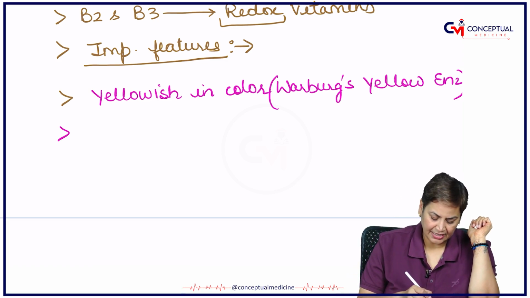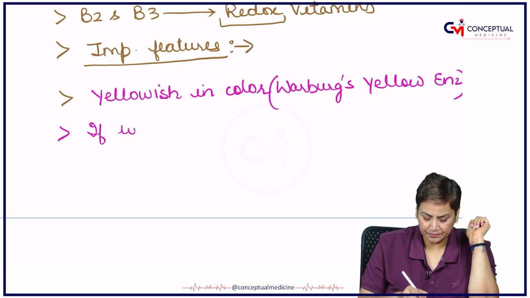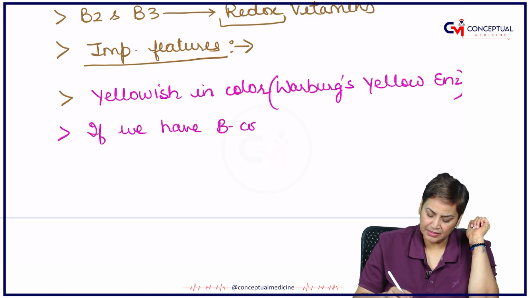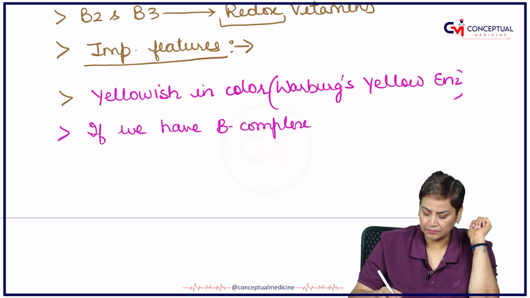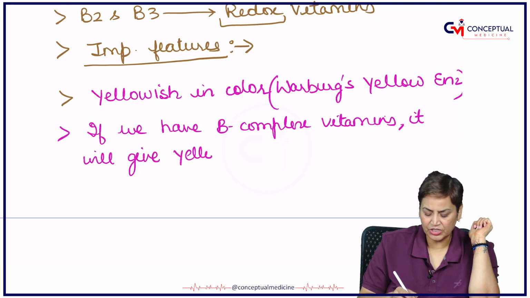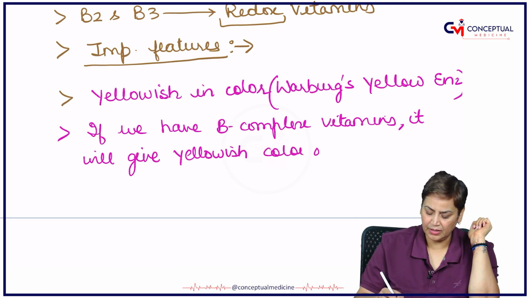So if we have B complex vitamins, it will give yellowish color to the urine.